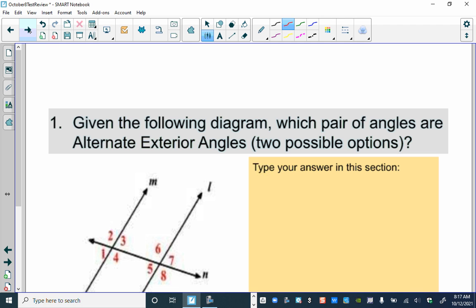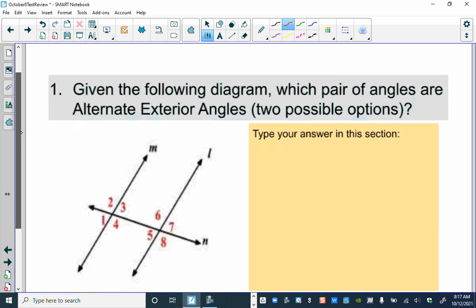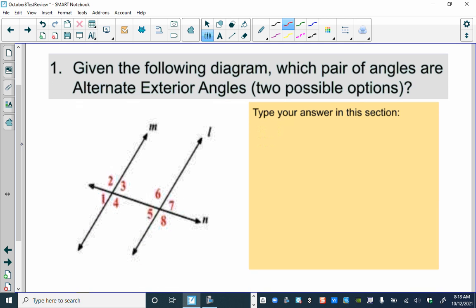First up, angle relationships. So, alternate exterior. Inside, outside. Oh, no. It's not inside or outside. It's outside. Inside. Outside. Okay, so alternate interior.